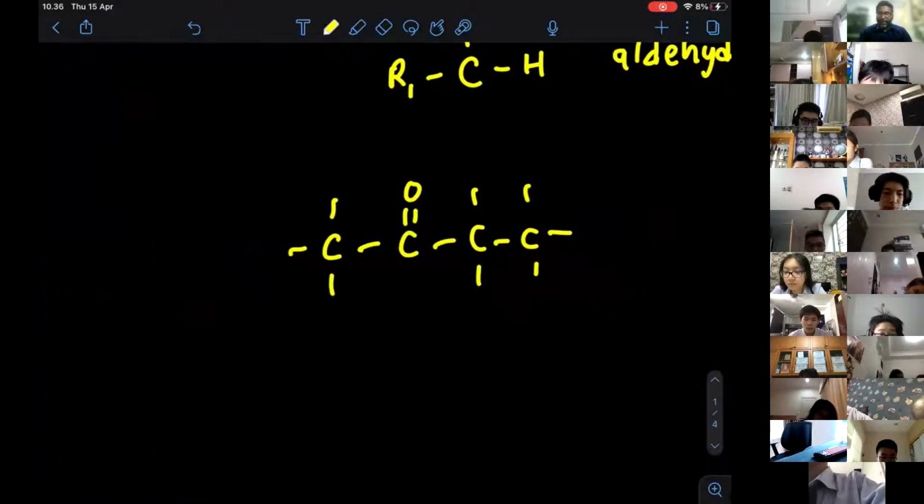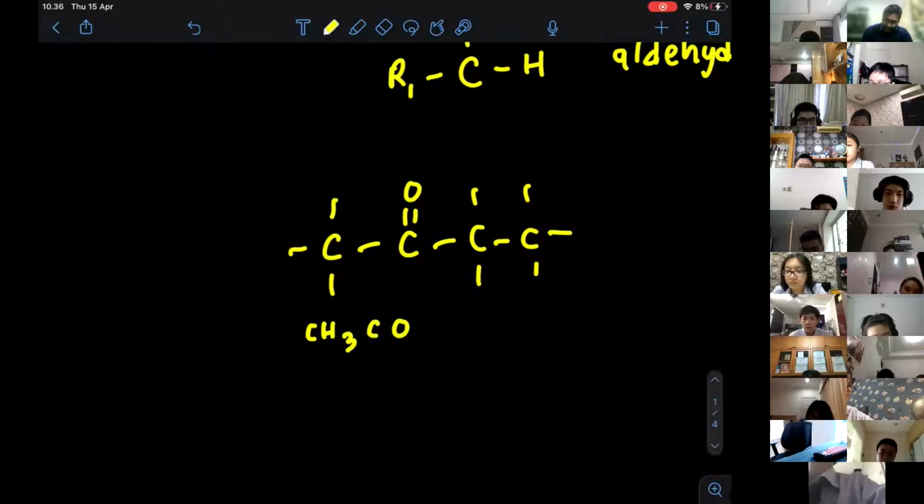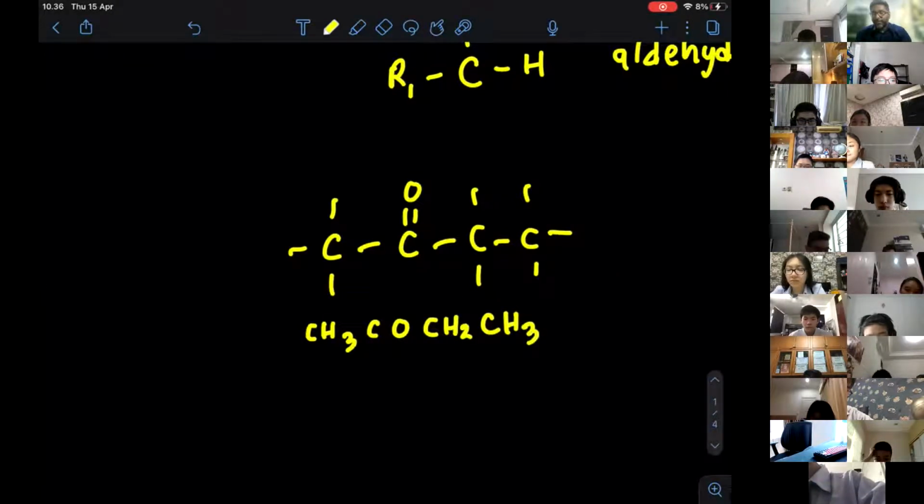Please do not write them in terms of molecular formula. We want to see it clearly. Even when you're writing an equation, we write it in structural form: CH3COCH2CH3. Quite simple.